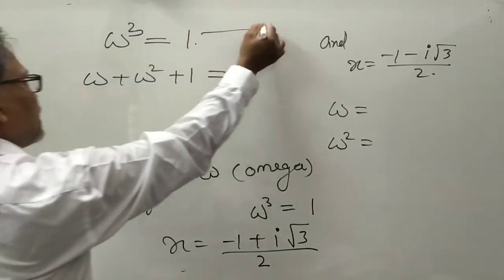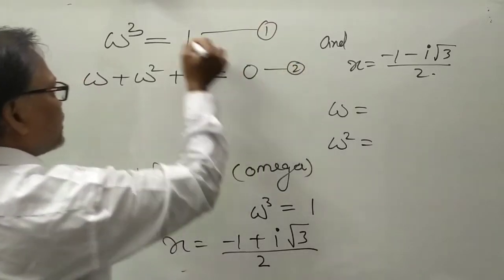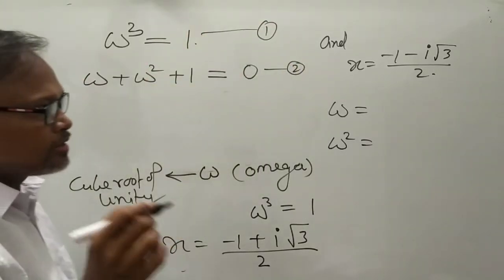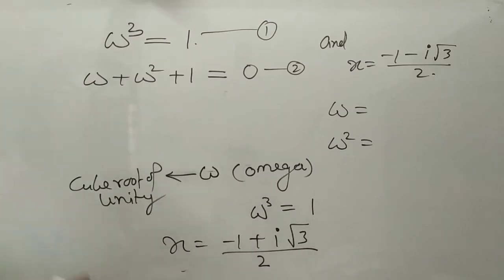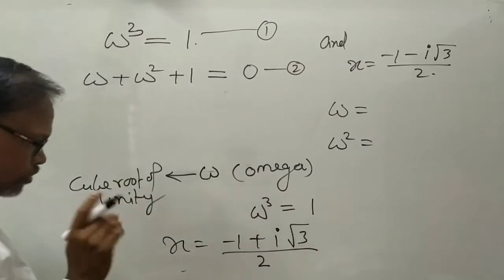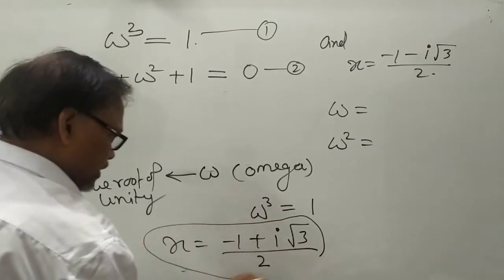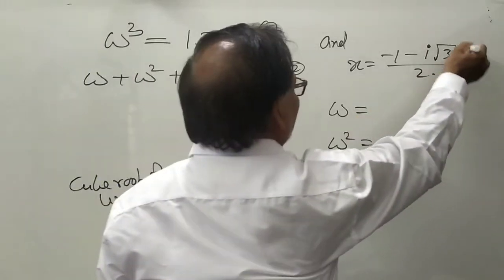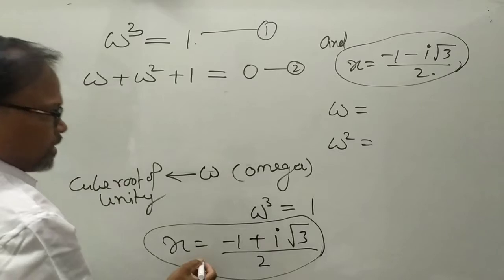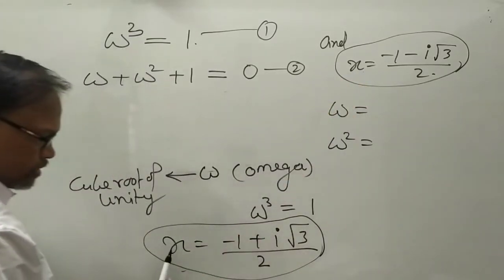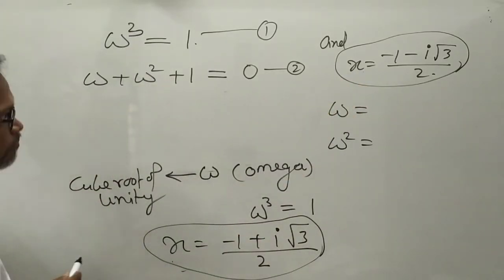These are the two relations and you have to apply them in this exercise. If you are taking this one as omega, then this you will take as omega square.